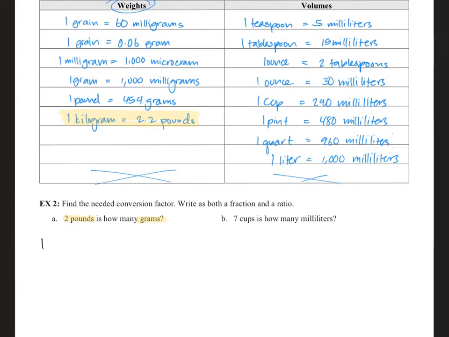I'll use the abbreviation: 1 pound to 454 grams. That's the fraction form. Let's go ahead and write it as a ratio: 1 pound to 454 grams.